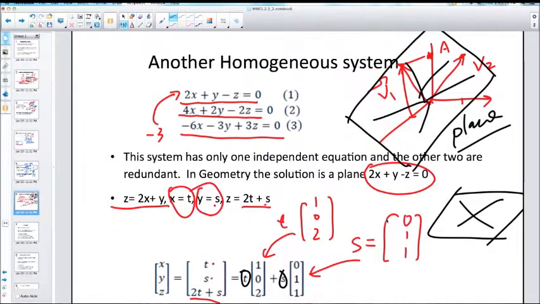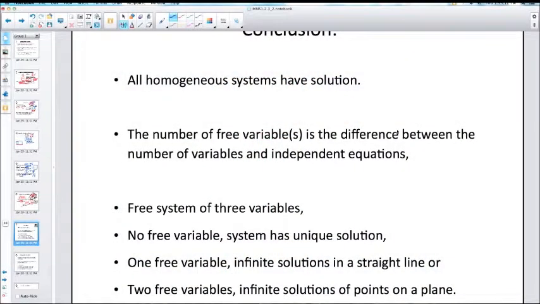You have infinitely many solutions, but this is more than the previous example. Instead of getting a straight line, now you get a whole plane. So let's summarize the 3 examples first. Then we're going to make a deeper connection of the algebra and the geometry.